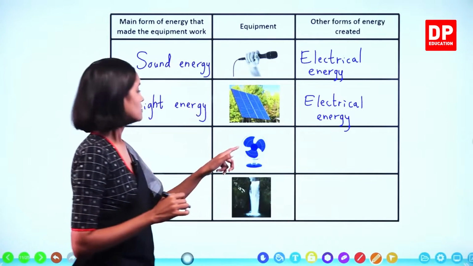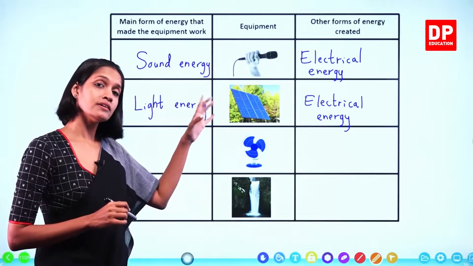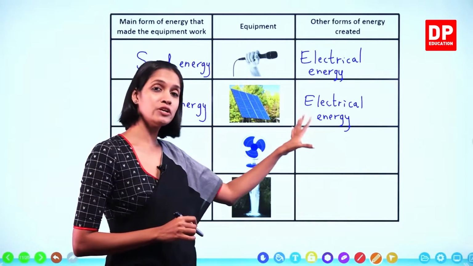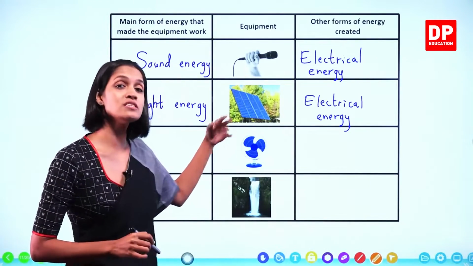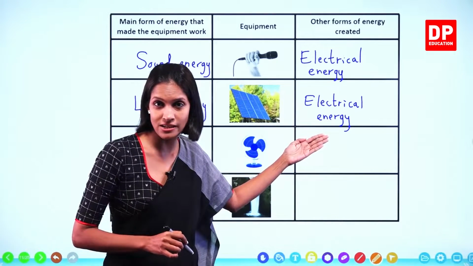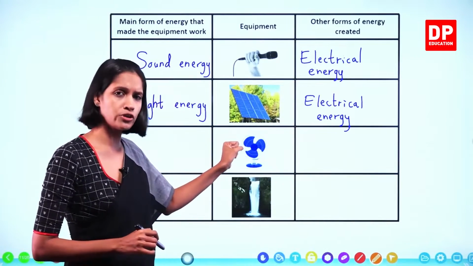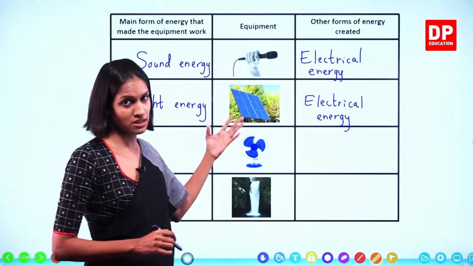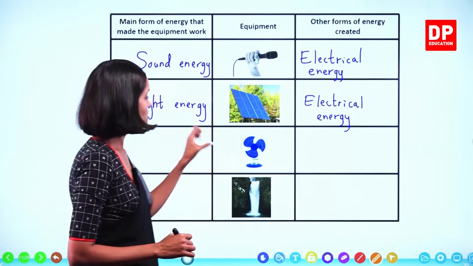Right? Electric fan, it works because of electrical energy. And it starts moving, which means it produces kinetic energy. And at the same time, sound energy is also produced, children. You all know that sound is also created when the equipment works, right? We'll write that.